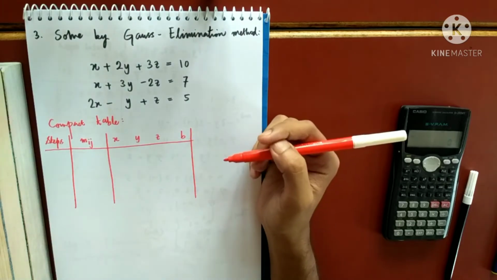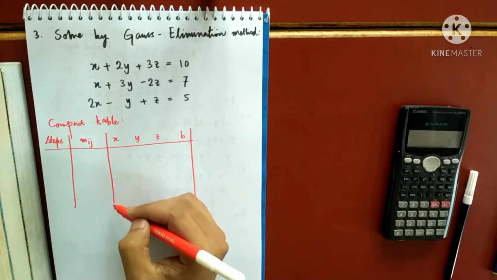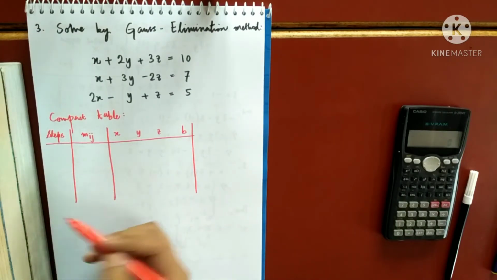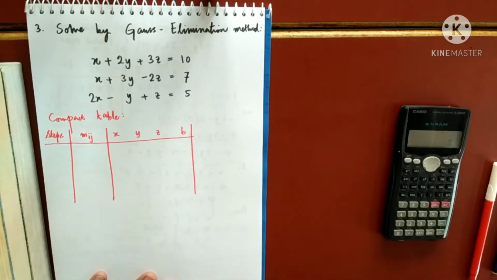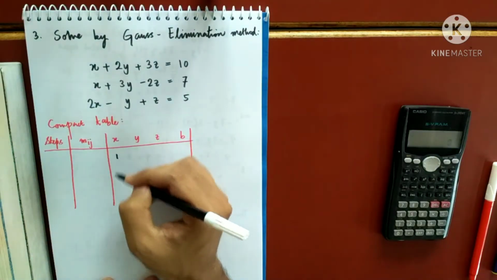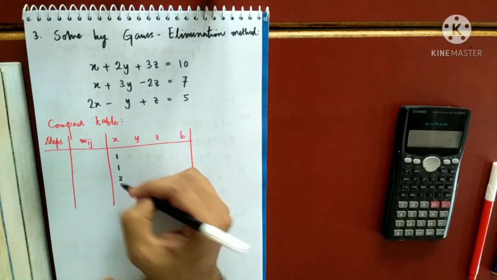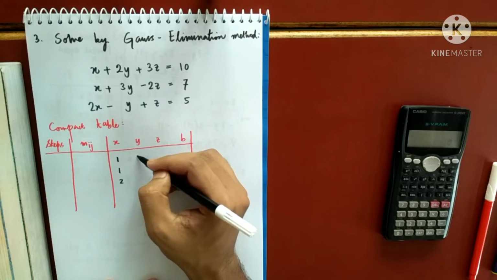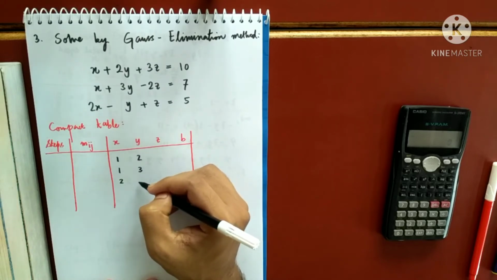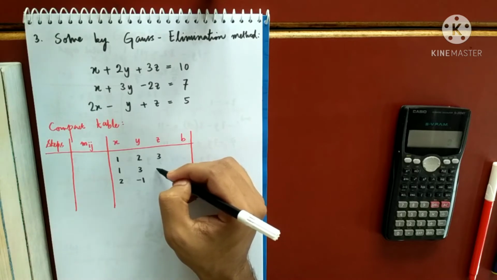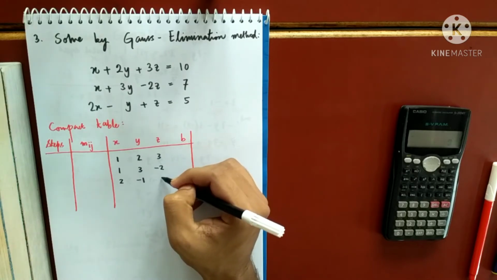So I will require this table. I should have taken more space for this one. Anyways, I will try to fit. So what are the coefficients of x? 1, 1, 2. Coefficient of y is what? 2, 3, minus 1. For z it is 3, minus 2, 1.